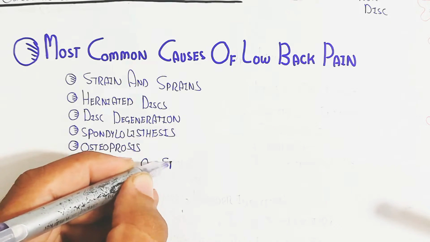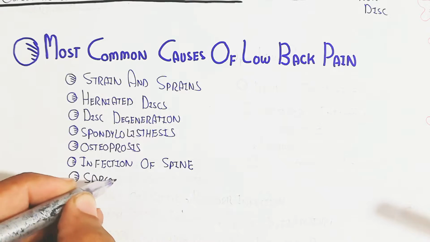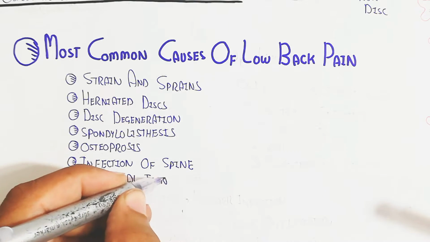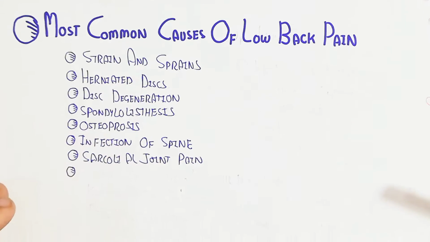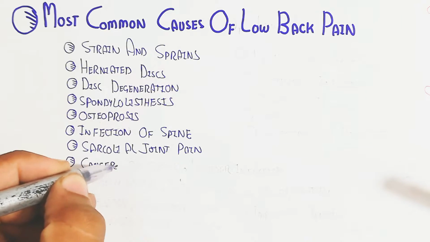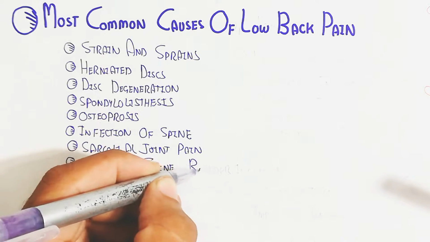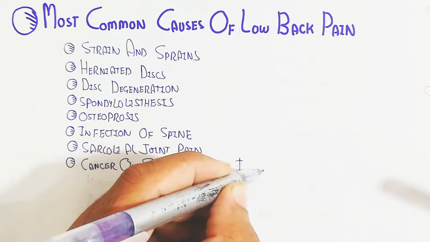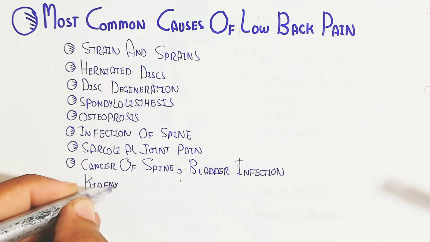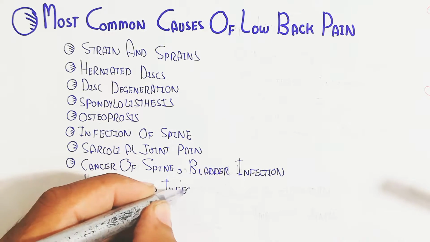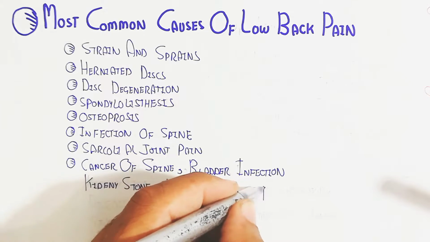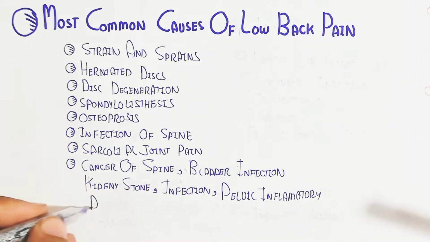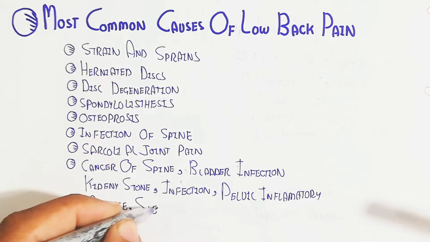Infection of the spine, sacroiliac joint pain, and cancer of the spine are also involved, as well as bladder infection, kidney stone infection, and pelvic inflammatory disease. Sleeping disorders can also lead to lower back pain, and so can improper bending, standing, or sitting.